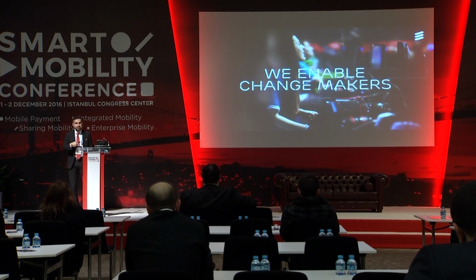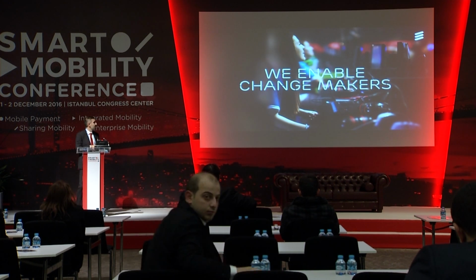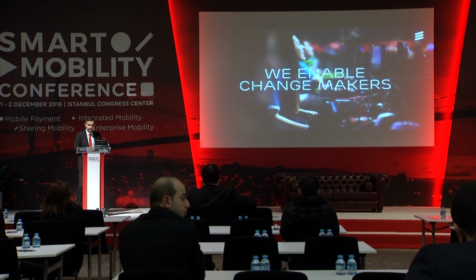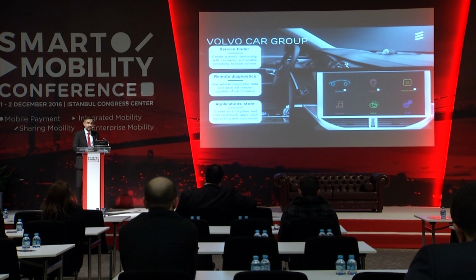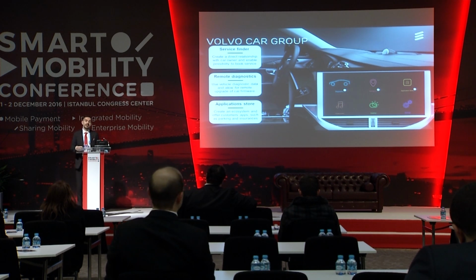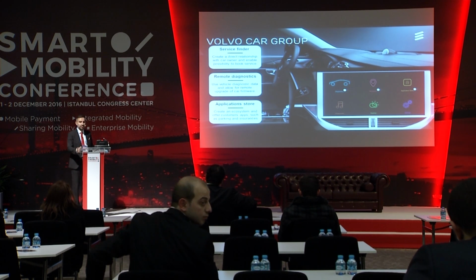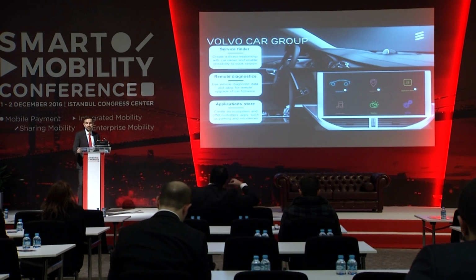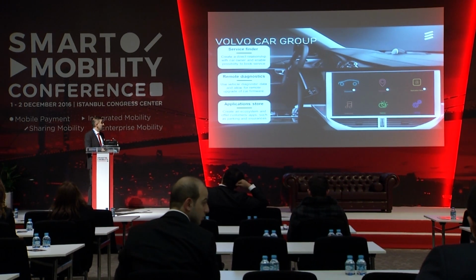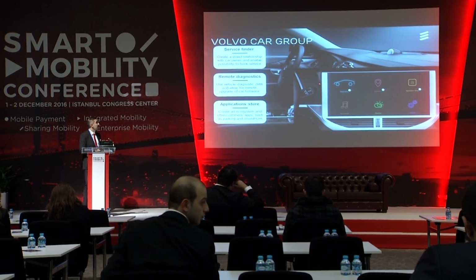As I said, I talked a lot about the trends and the technology. I want to give a few examples of the change makers, people and companies who are already using these and bringing early examples of the network society to life. I mentioned a lot about car manufacturers.